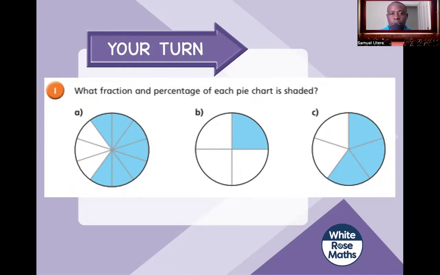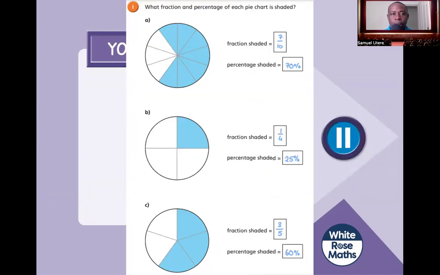Assuming you've paused the video and you've worked through the questions diligently, here are the answers. You can mark your work and celebrate your success. For question 1, you were asked, what fraction and percentage of each pie chart is shaded?